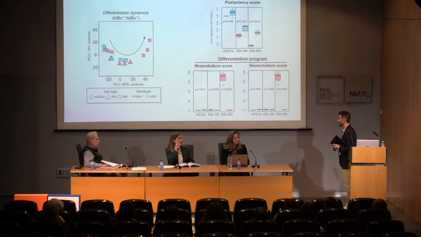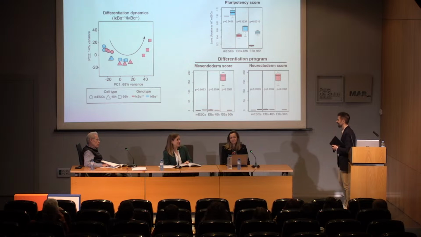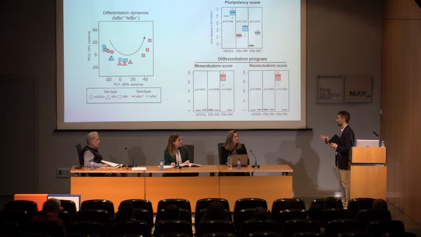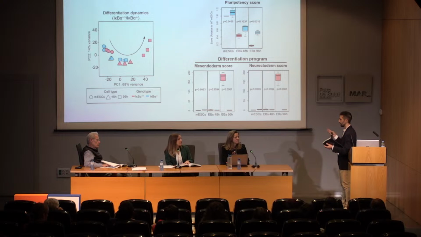I was just thinking, if the knockouts are preventing the retinoic acid differentiation, that it is just kind of a bump. It would be really surprising, no? I have to say that, at least by analyzing the transcriptome in the EBs, I didn't look at it properly, but I didn't see a huge change.